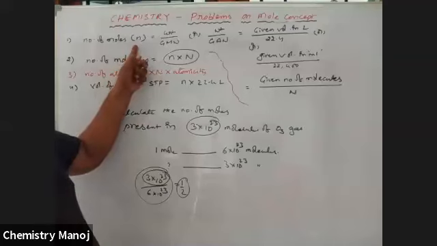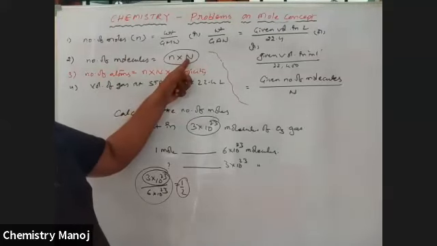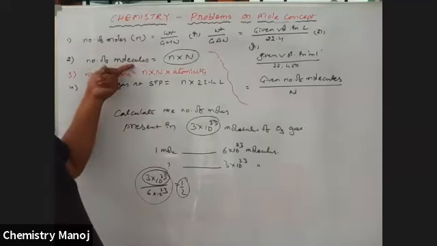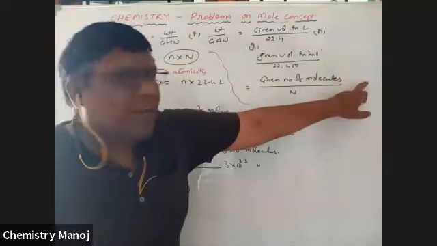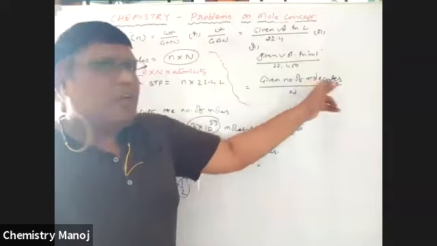Once you know the number of moles, that number of moles multiplied with Avogadro number, n and N cancel, that gives the number of molecules.